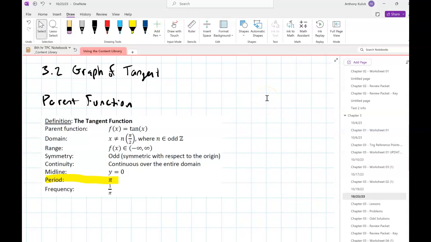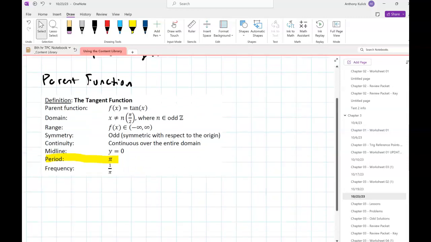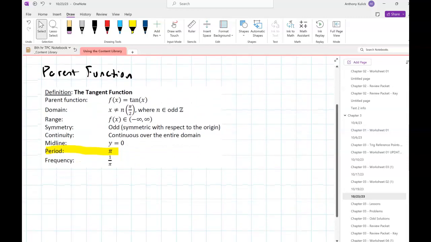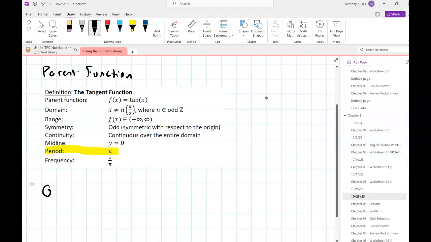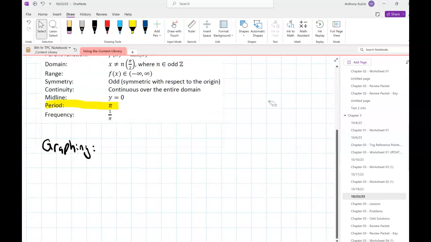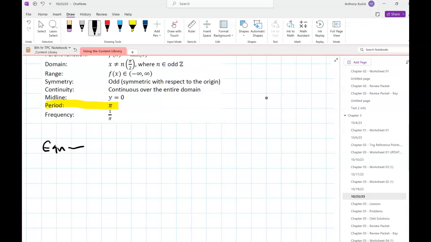Okay. So let's look at the graph, or graphing, tangent. Well, let's say equation to graph. Let's use the same kind of vocabulary we've been using.